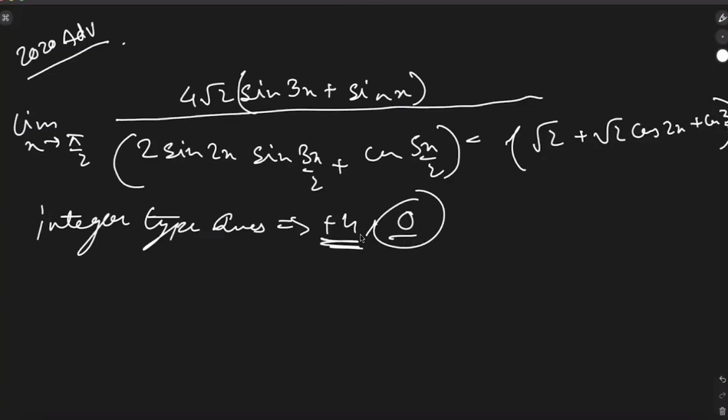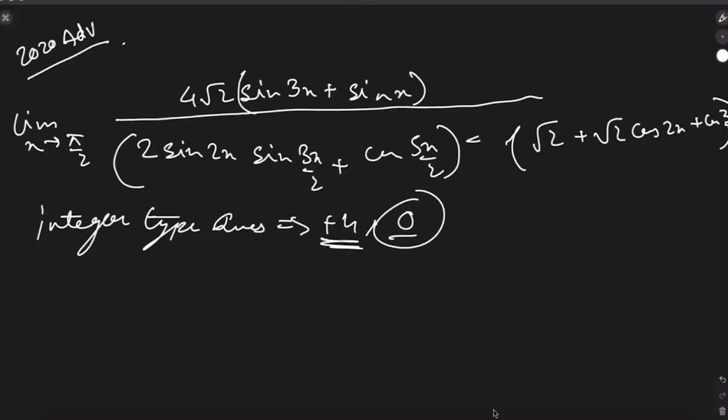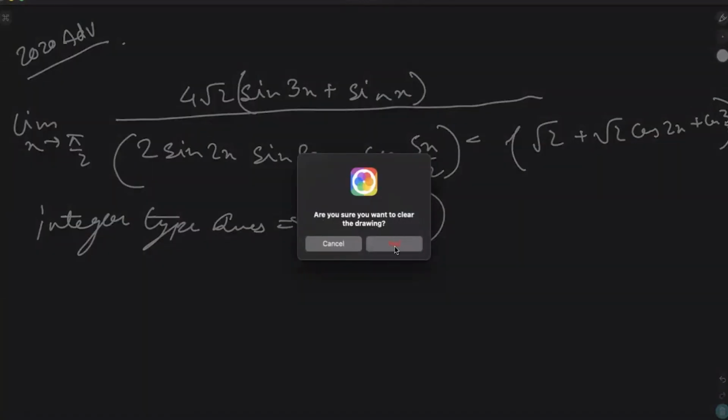Check it in your question paper, it is given: digit type +4, 0, and multiple choice +4, -3. So copy this question, try it for as long as you want, and then restart the video.